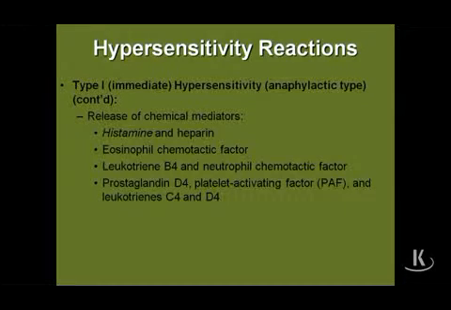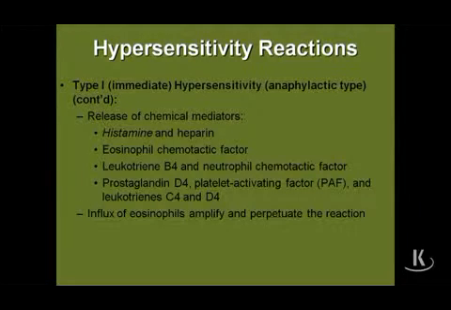Then the prostaglandins like D4, platelet activating factor, and leukotriene C4 and D4 will also be released as a consequence of this degranulation from the mast cells. And then as more and more eosinophils are recruited in, obviously you're going to also increase vascular permeability, so the area will become swollen or you'll get edema.